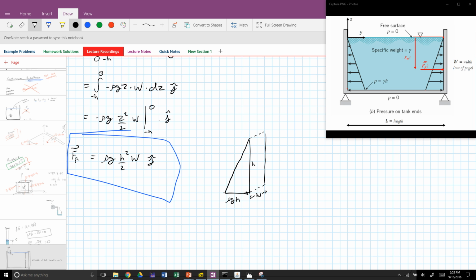So note that the resultant force is actually equal to the volume of this prism. That is, the area of this is 1/2 rho g H times H, or 1/2 rho g H squared, and it is multiplied by the width of the prism.